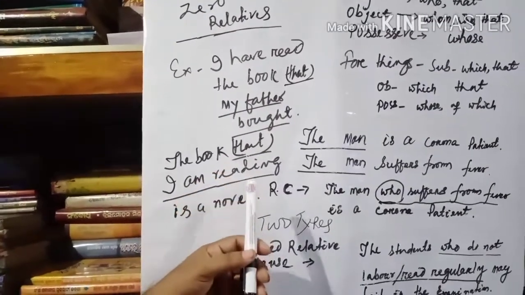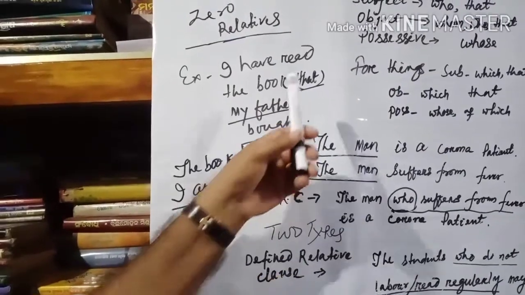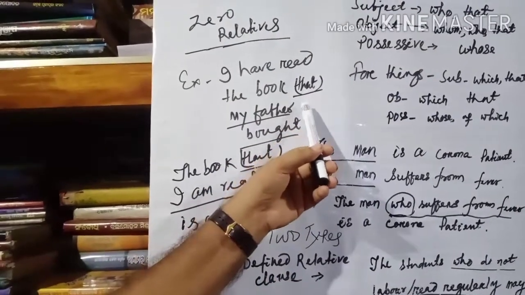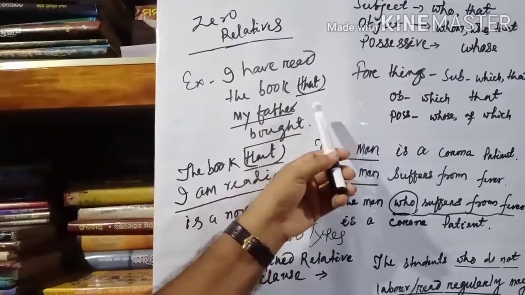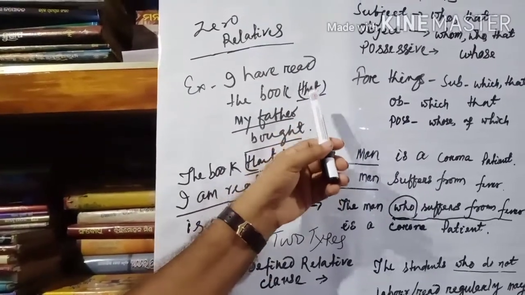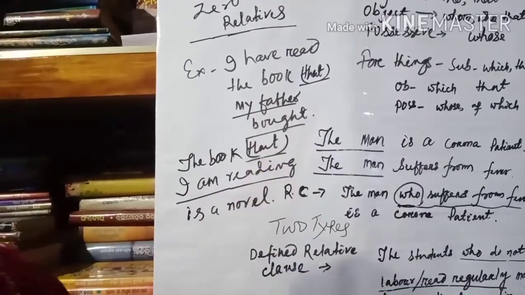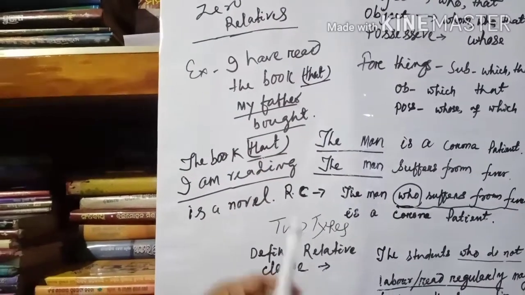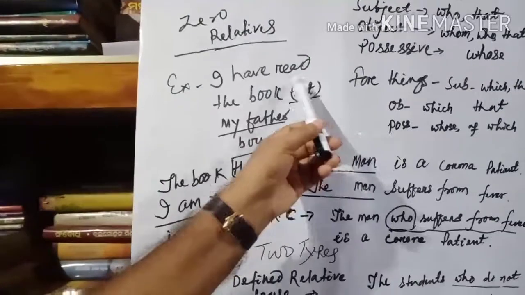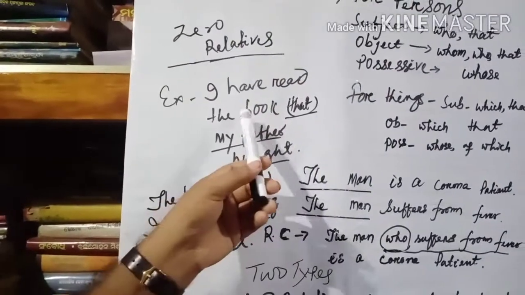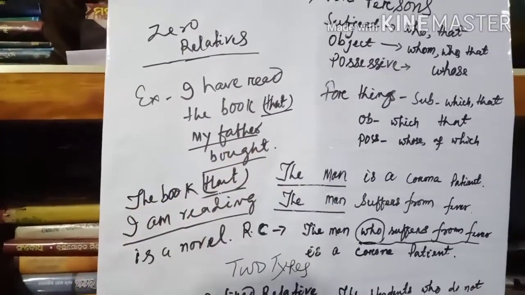It can be dropped because the relative pronoun here works as an object of the relative clause. You see, I have read the book. So the book is your object.